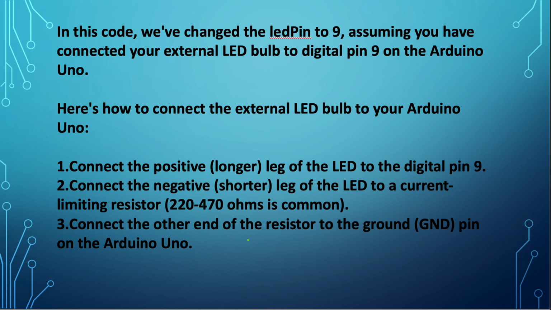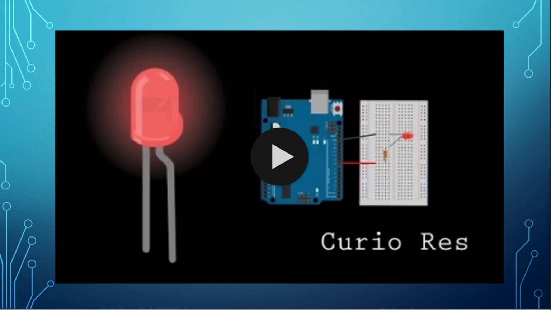So we have to maintain it around that level or a little bit below that, not above that. Anything above that would damage it. So the use of the resistor is for that. Then ground the pin. I think we have gone through this more than enough and you have a basic understanding of it. Yes, of course the video will be there as well.